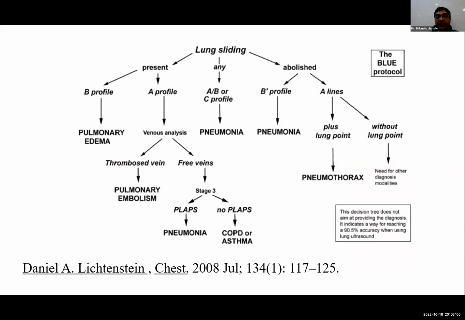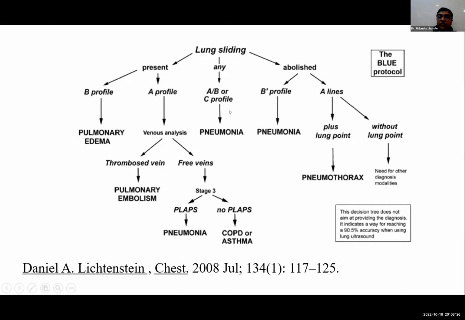Daniel Lichtenstein actually described well in 2004, long back, how to look at the lung ultrasound. First thing, you look at the lung slide. If you don't have a lung slide, see whether there are A lines or B lines. If you are having B lines, you are probably looking at a possibility of a pneumonia. If you have A lines and you find a lung point, it is confirmatory for pneumothorax.